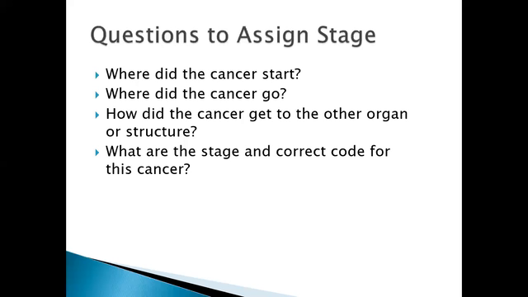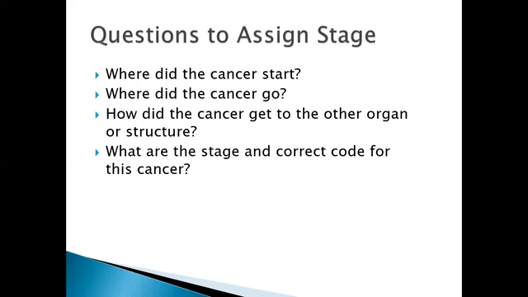And basically, to assign the stage, you're asking yourself these four basic questions, okay? Where did the cancer start? In what organ or tissue did the tumor originate? Is there a specific subsite of that organ involved?